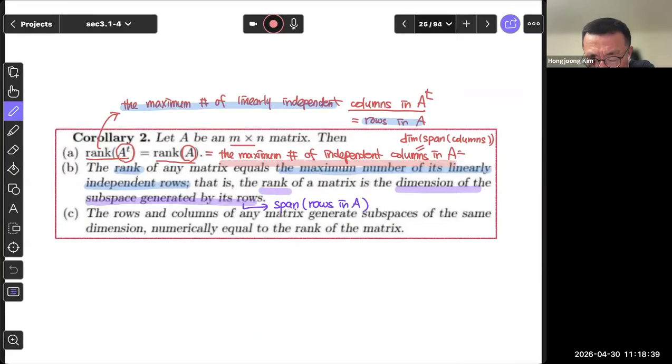The rank of a matrix was previously the maximum number of linearly independent columns. Now, since the transpose does not change the rank, the maximum number of linearly independent rows will also be the rank, and that's the dimension of the subspace generated by the rows. Okay.